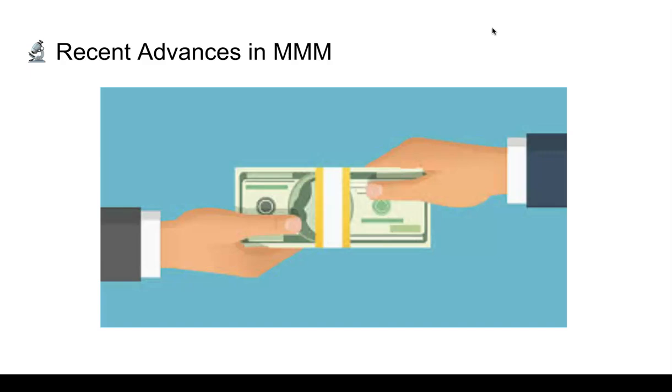There's also what we call MMM plus MTA, which is multi-touch attribution, and these two blend together and can trend with individual users' journeys.